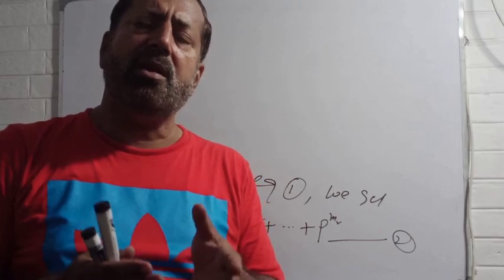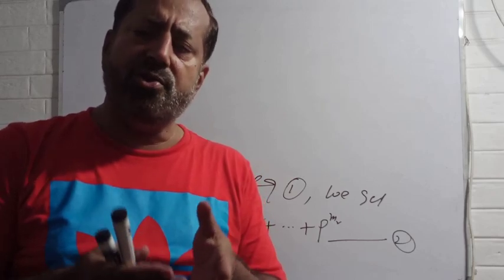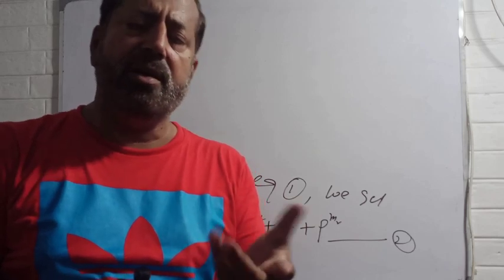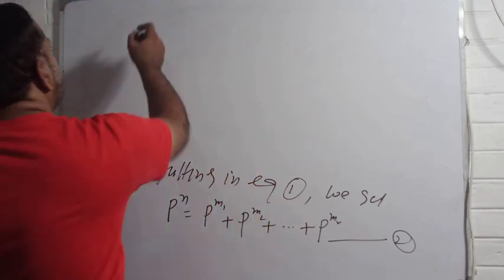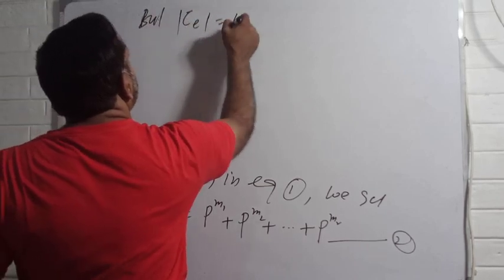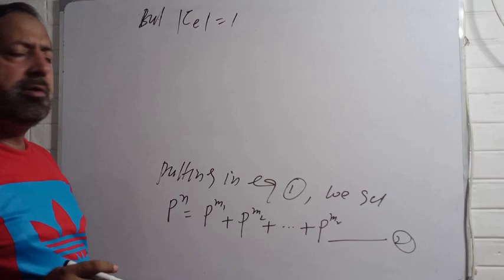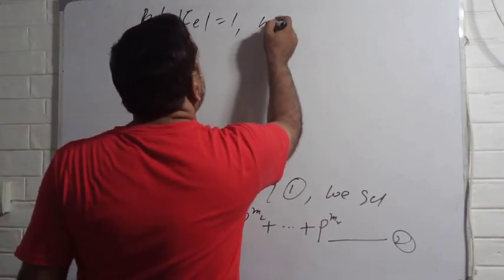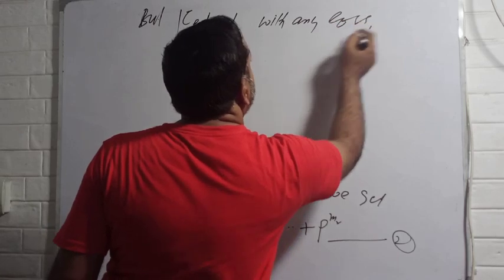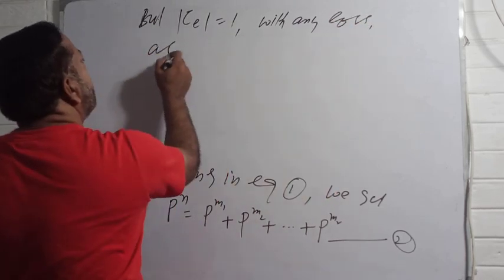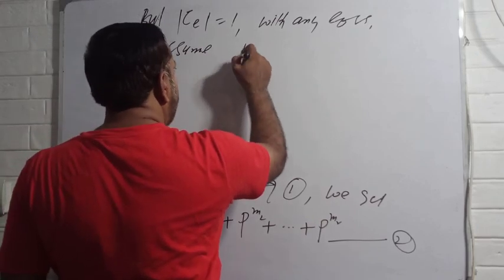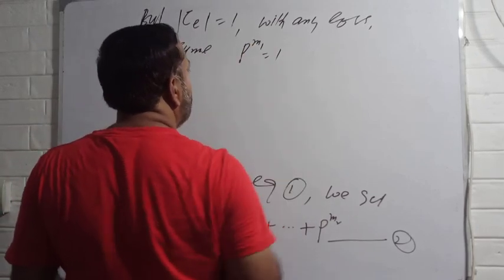The conjugacy class corresponding to the identity element contains just one element, which is E. So the order of CE is 1, and without any loss we assume P power m1 is equal to 1.